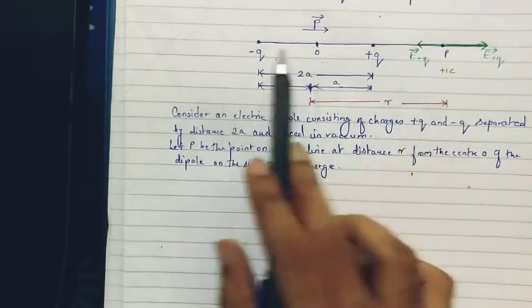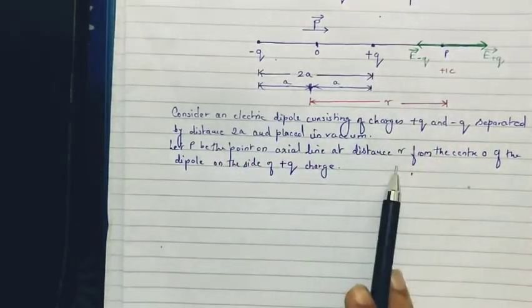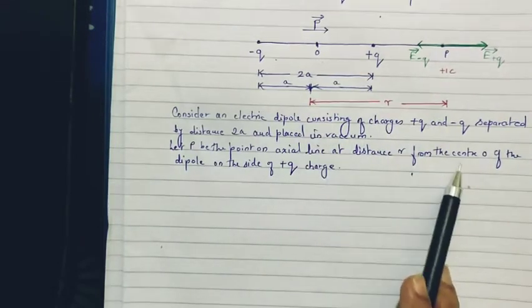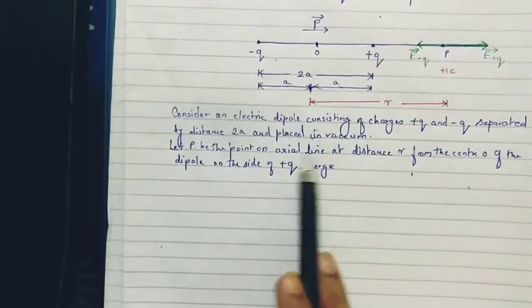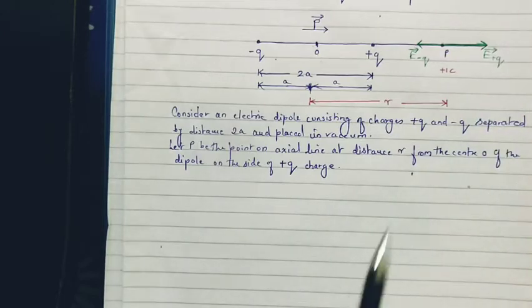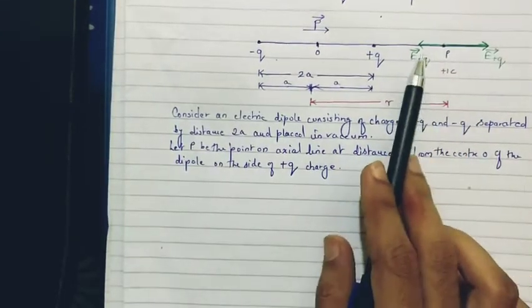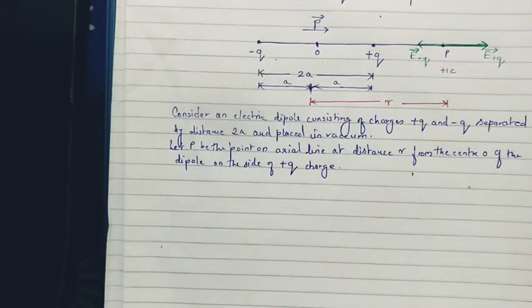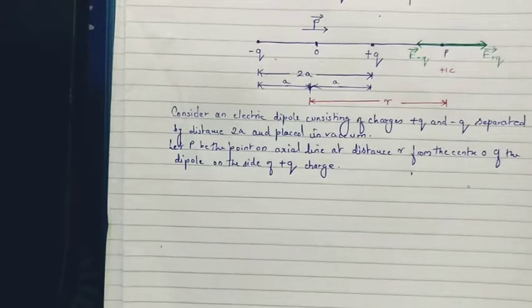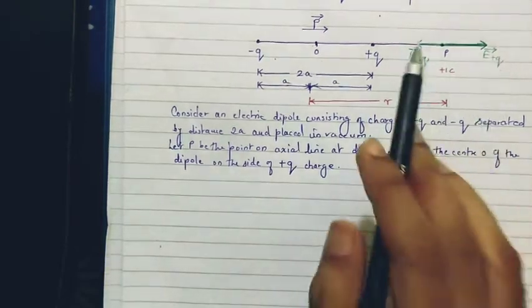So here we have considered a point P on the axial line at a distance of R from the center O of the dipole, on the side of plus Q. Okay, so now we mark the directions of electric field due to plus Q and electric field due to minus Q. So this is the description which you need to write. So next, we are going to write down the individual expression for E due to plus Q and E due to minus Q.